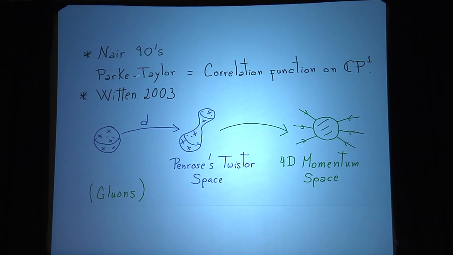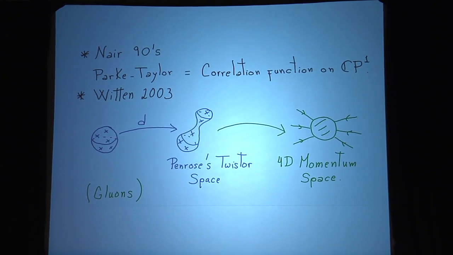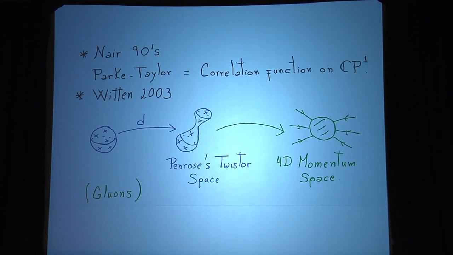Nothing came out at first. In the 90s, a crucial insight came from Nair. He realized that this Parke-Taylor formula looks like the correlation function of some particles on a CP1. But that idea lay dormant for many years until Witten in 2003 figured out how to extend this to other helicity configurations.